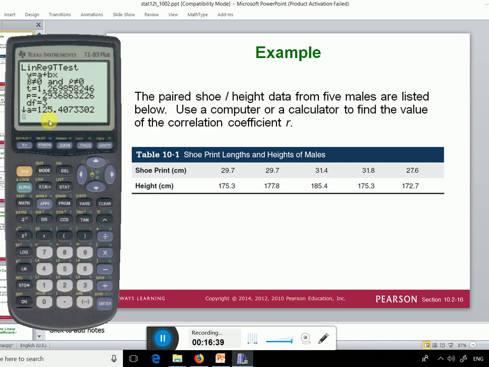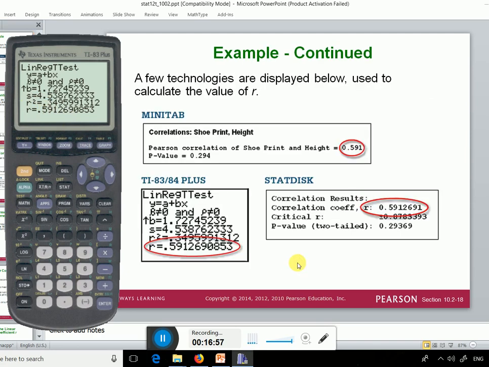Now it should give you the coefficient R. So scroll down. R is 0.5912, right? So 0.5912. Let's compare that to here. Then yes, 0.5912.